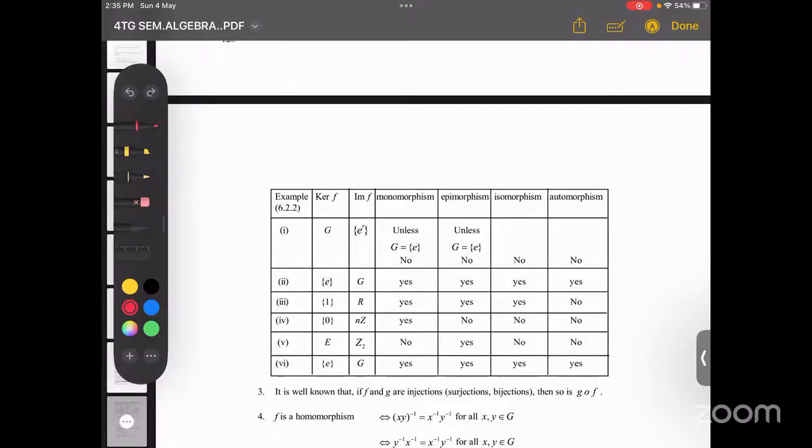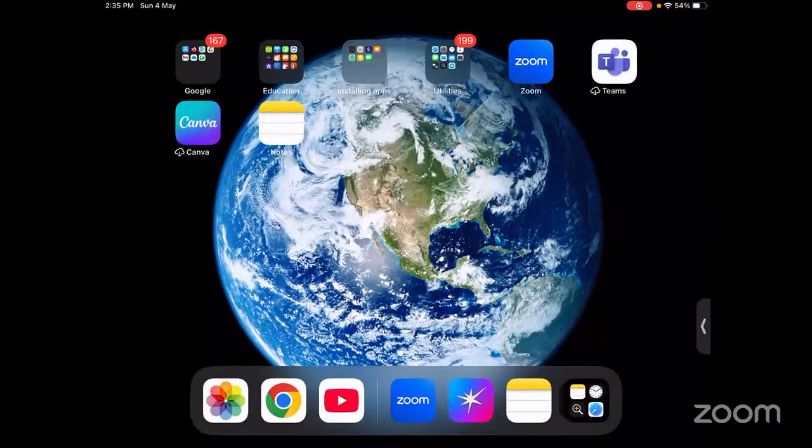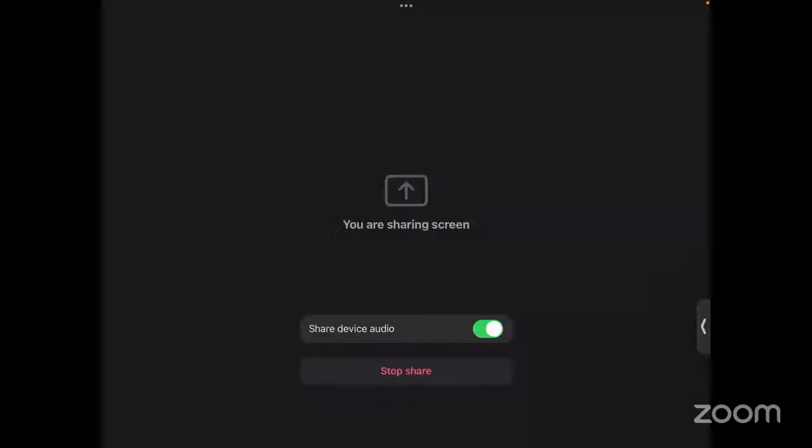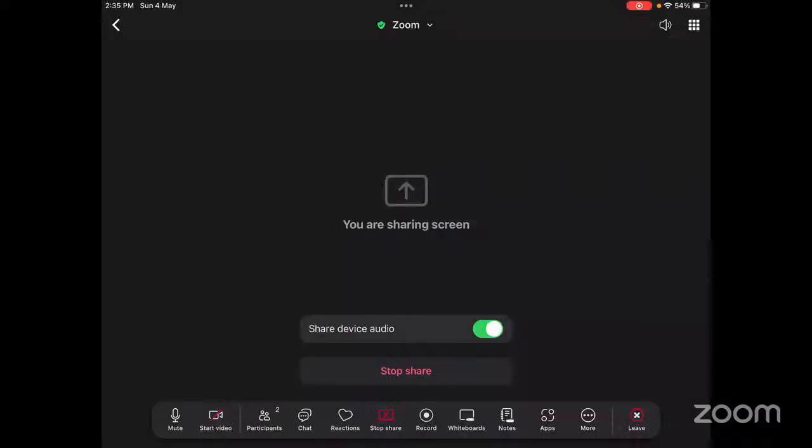Next, if you see the 9th unit, page 181, 9.2.8: the intersection of any two ideals of a ring R is again an ideal of R. This is a regularly asked question.